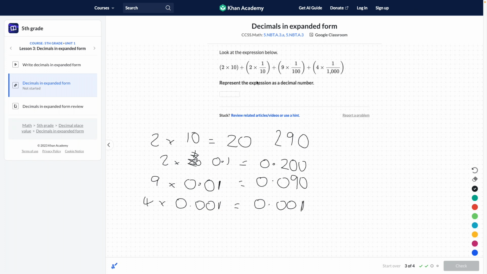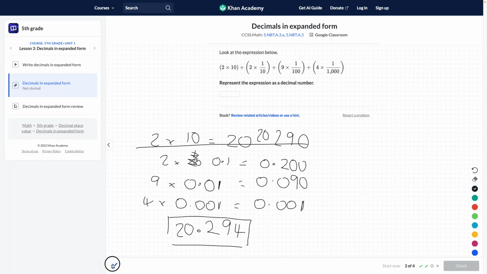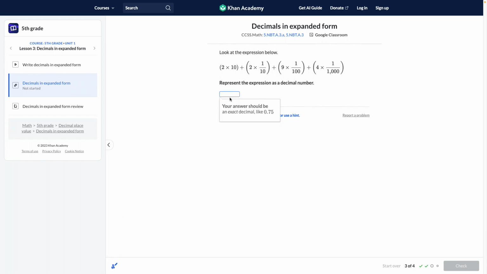And then plus the 20 is going to be 20. So it's going to be 20 decimal 2, because we've got 2 tenths. Then we've got 9 100ths, and we've got 4 1,000ths. That's the way you could do it as well. All right, so we've got 20.294. There we go.